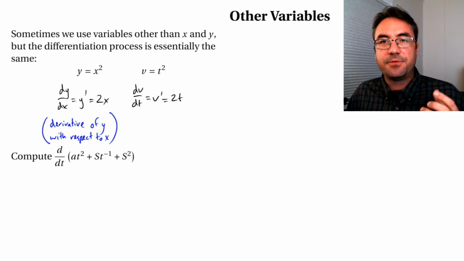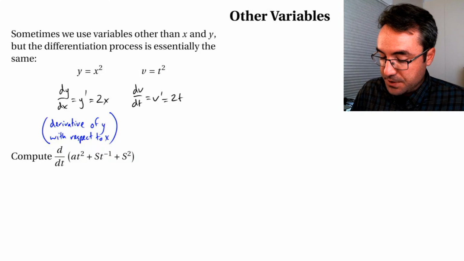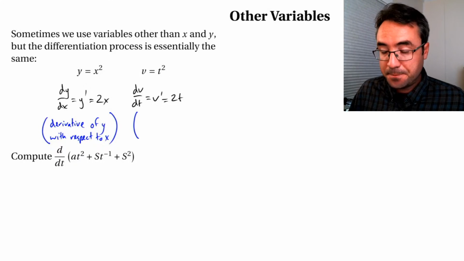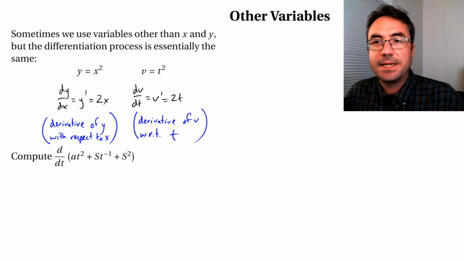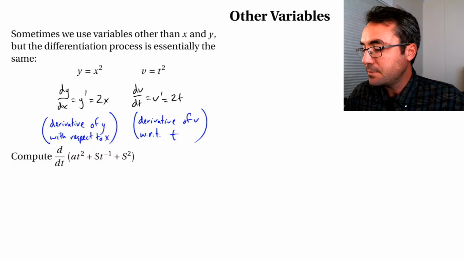So it's the derivative of function y with respect to variable x. So same for this other derivative, just different names. So derivative of v with respect to variable t. A lot of times we'll abbreviate with respect to as WRT.